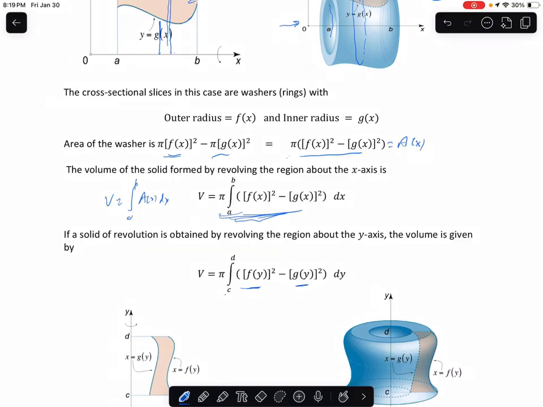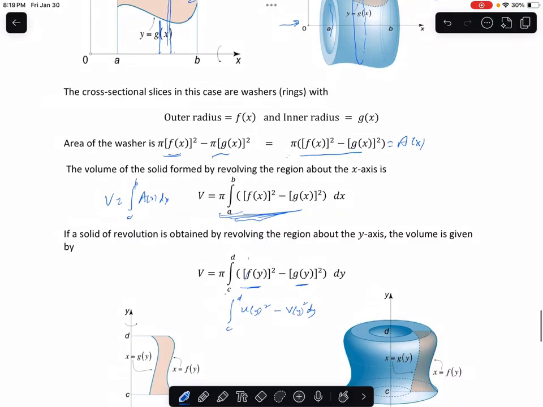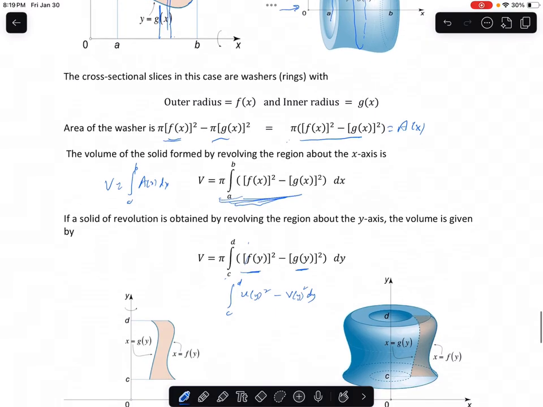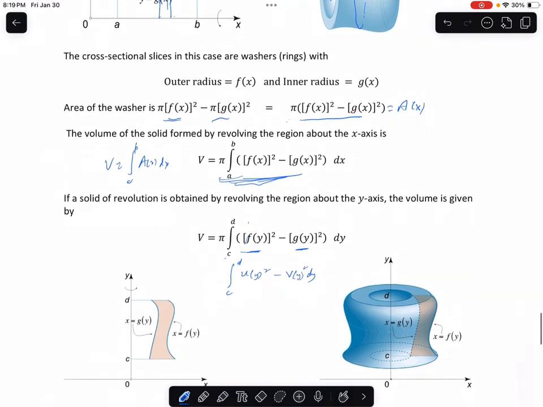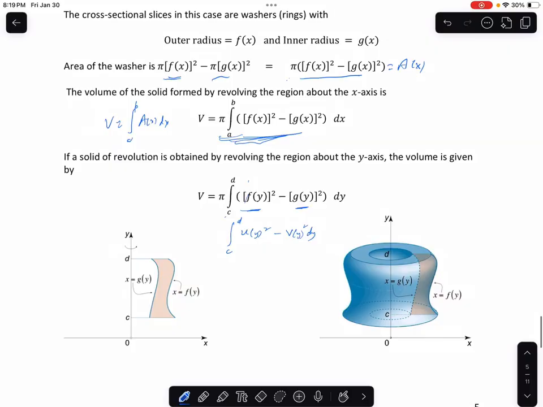We could have used other names, for example, we could have used u of y whole square minus v of y whole square dy, just for a change. But f of x and g of x are also okay. So this is how we will do the washer method. Okay, let's see an example.